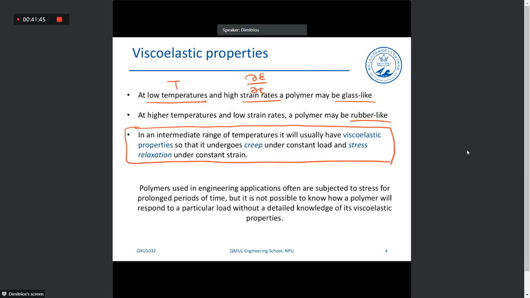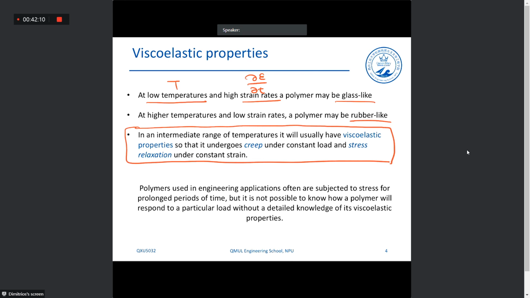Okay, so because of that, before we apply a polymer onto such an application, we want to know how the polymer will behave. Let's say, what is the exact amount of time the polymer is able to withstand the subjected stress without failure, okay?